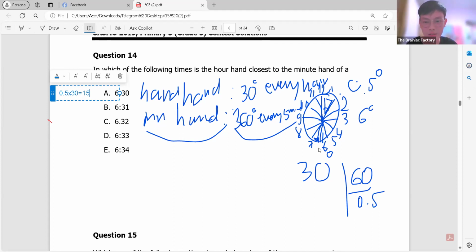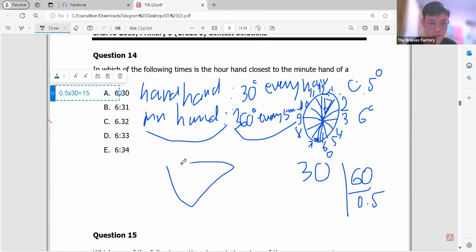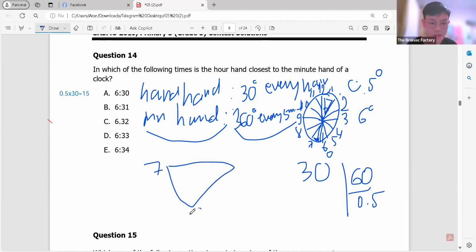We're having 15 degrees, meaning that, assume this is between the 7 and 6, and here is the hour hand, and we're having this 15 degrees. Okay, so let's find all the others.